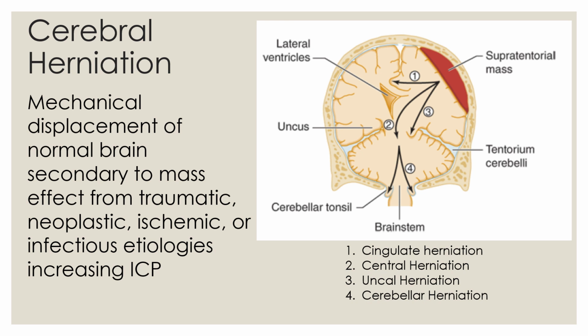The places that brain gets displaced tend to be places where there is restriction to brain movement, which includes those dural reflections that we talked about that stabilize the brain, the falx cerebri and the tentorium.